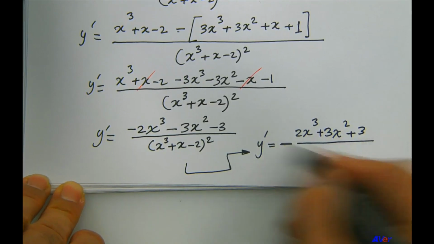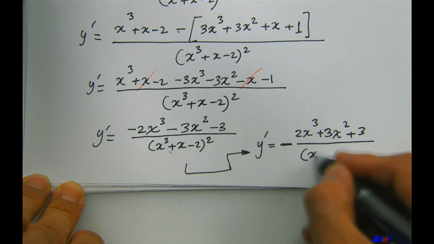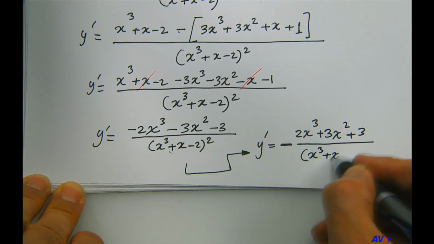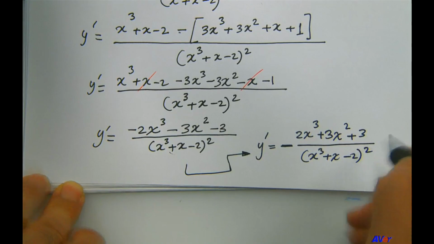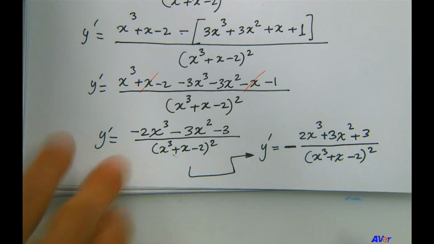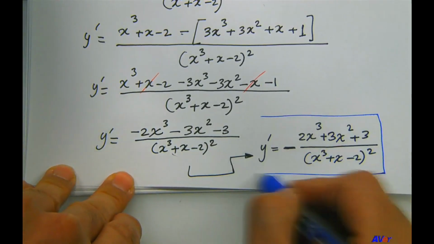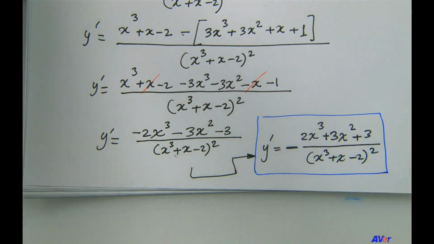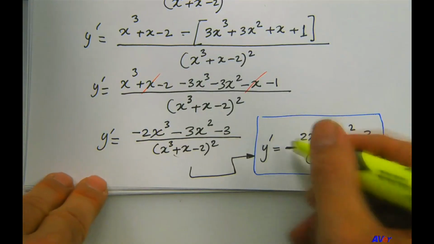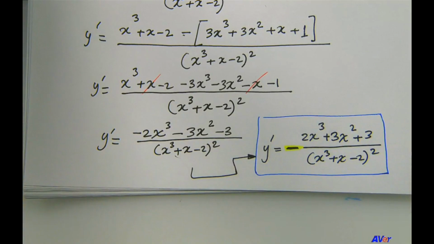All of that divided by that denominator. Like that. So these minuses got factored out here. Okay, important to remember to do that.